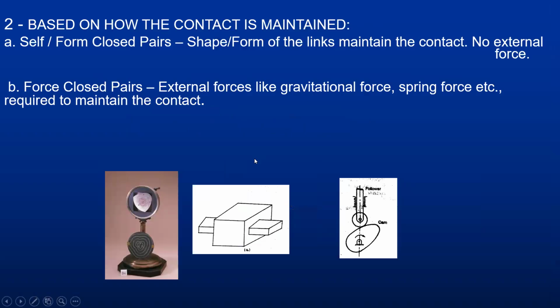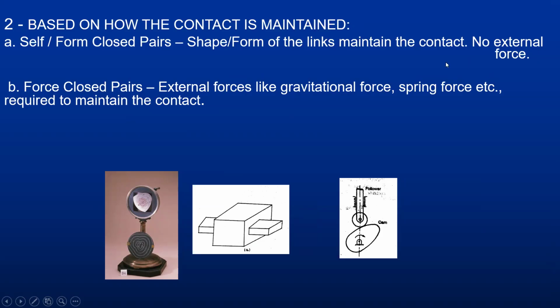Now, they can also be classified based on how the contact is maintained. First, we have the self-closed or form-closed pairs, where the links are maintained in contact by their shape.